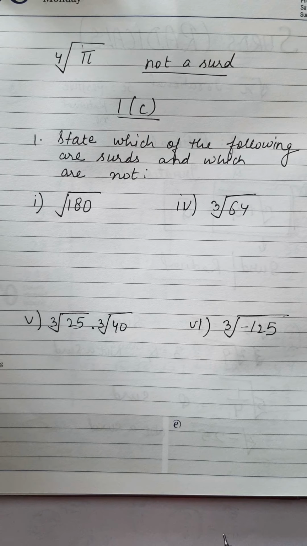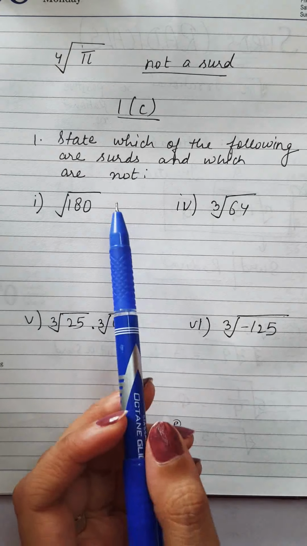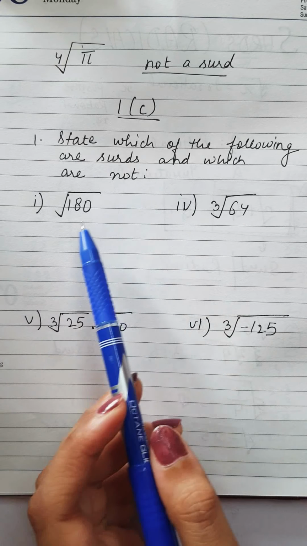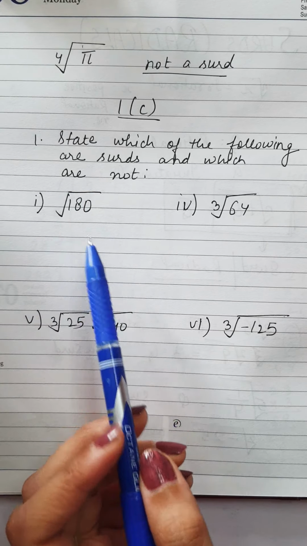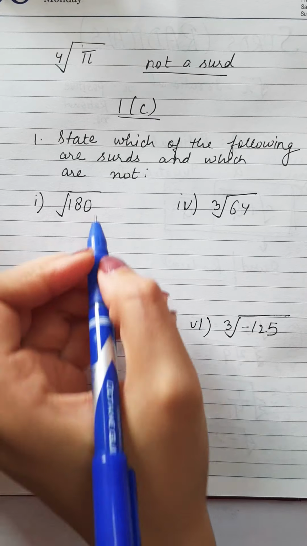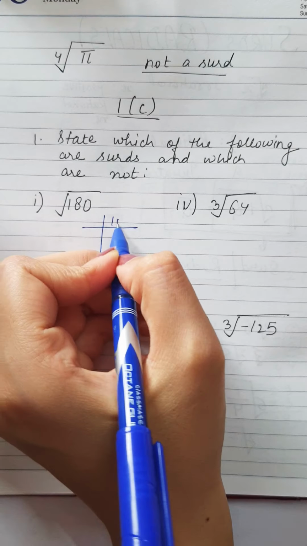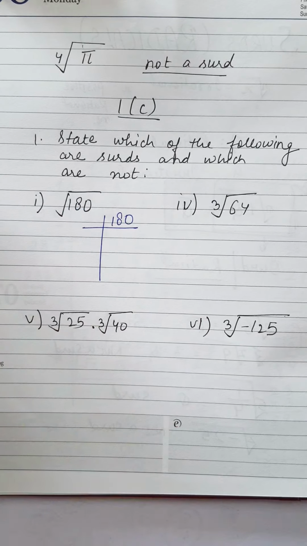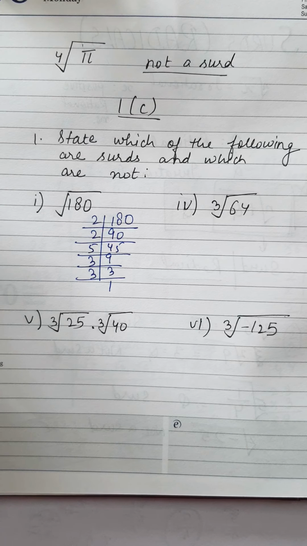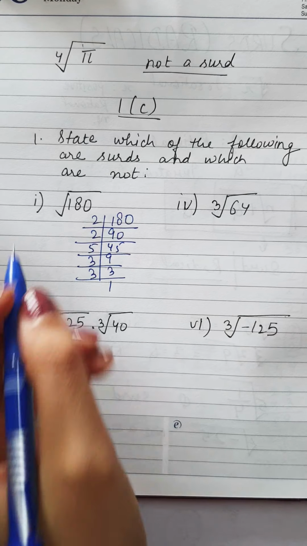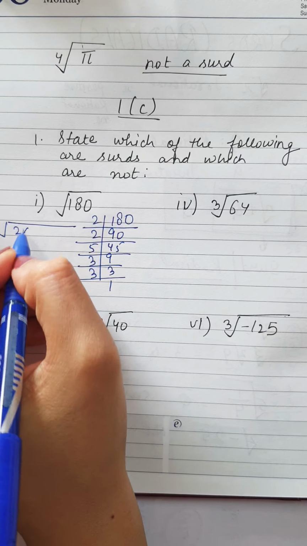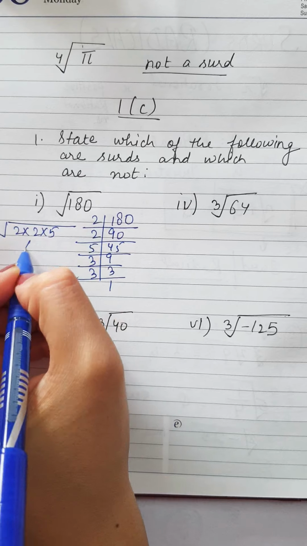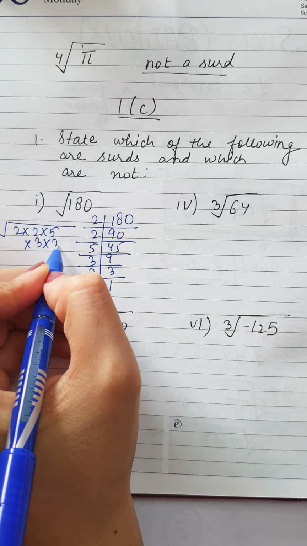Okay. Exercise 1C, question number 1. State which of the following are surds and which are not. Clearly by looking we cannot answer. First we need to find the prime factors of 180. So 180 can be written as 2 into 2 into 5 into 3 into 3.